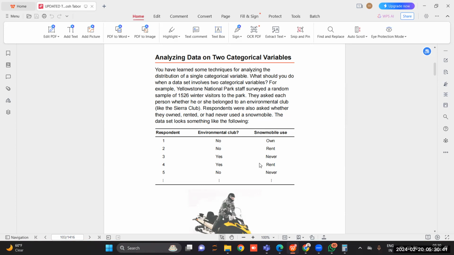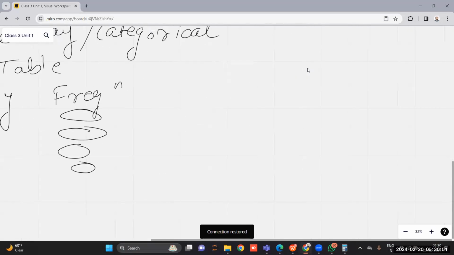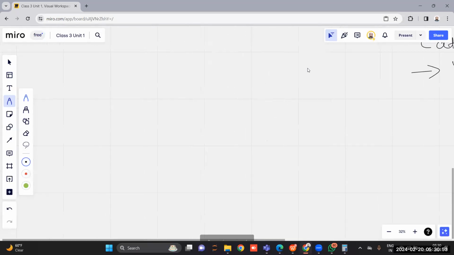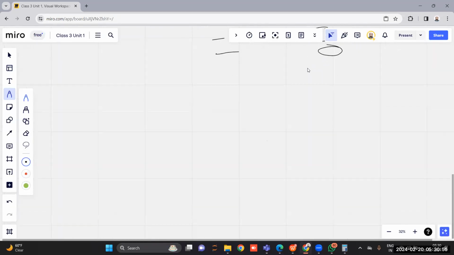So, what is the main thing? I'll explain here what they have done. The main thing is to see how the table is made. It's very important.